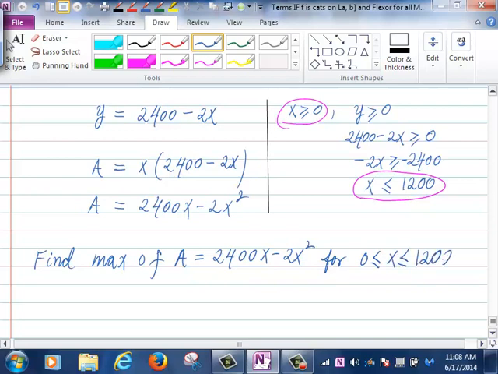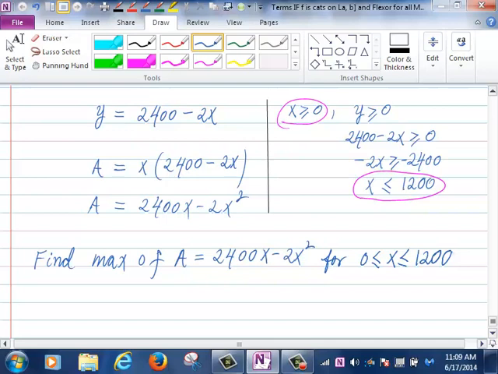So the entire problem now is to find the maximum value. So I have to find the value of x where the maximum of area occurs, right? Which is a problem that we should know now, right? I have a continuous function A on a closed bounded interval from 0 to 1,200. Do I know how to find the maximum of that function?